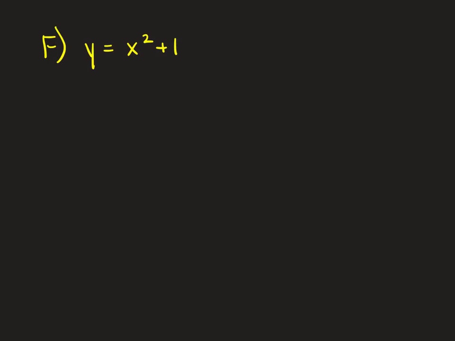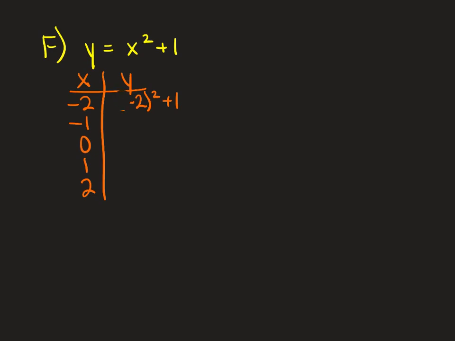I'm going to choose some x values and plug them into the equation to get the y values. So I'll choose -2, -1, 0, 1, and 2. And I'll just plug them in. y is equal to x squared plus 1. So that would be -2 squared plus 1, which will be 5.